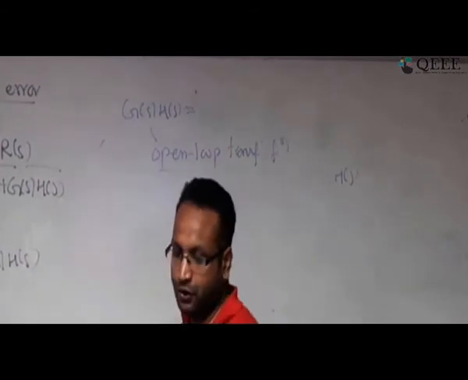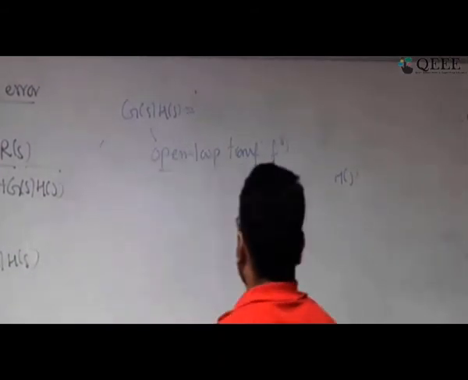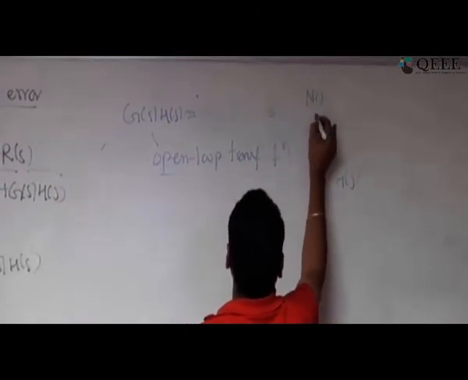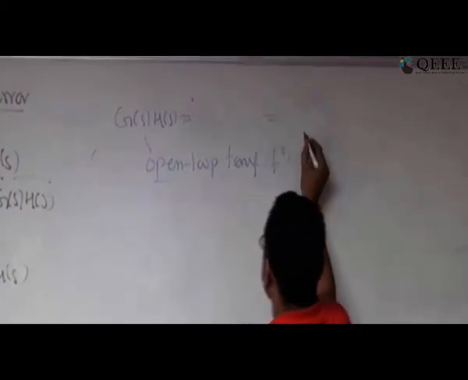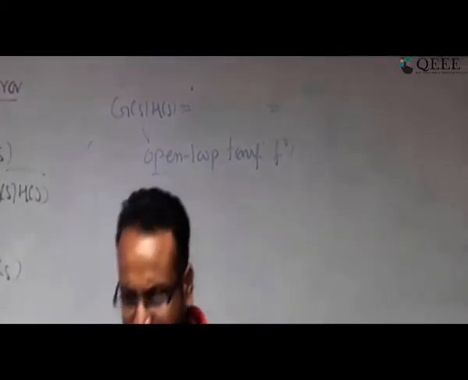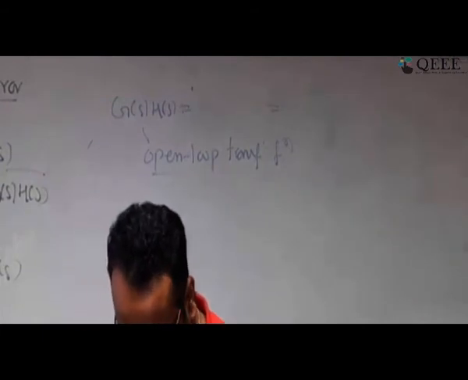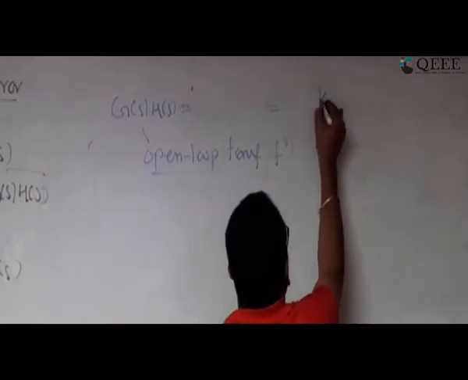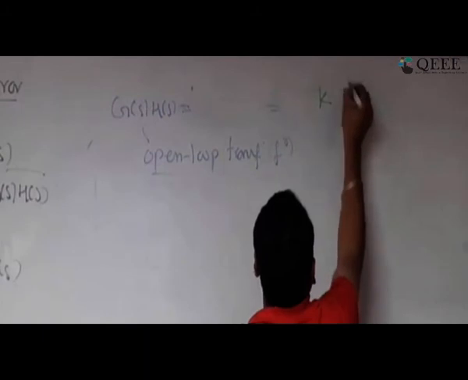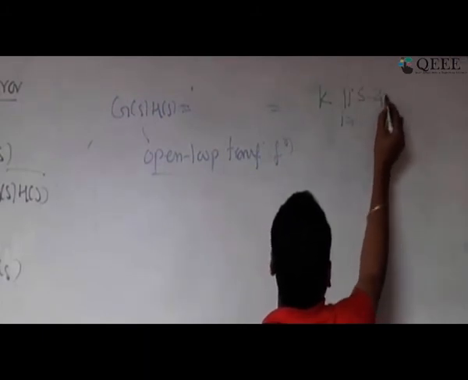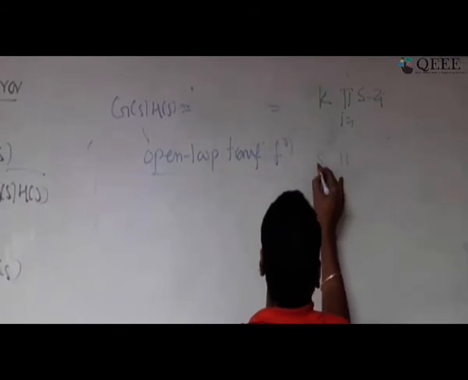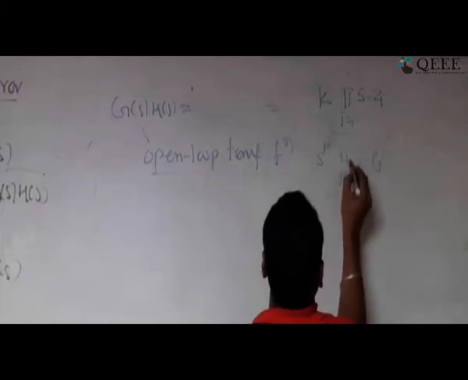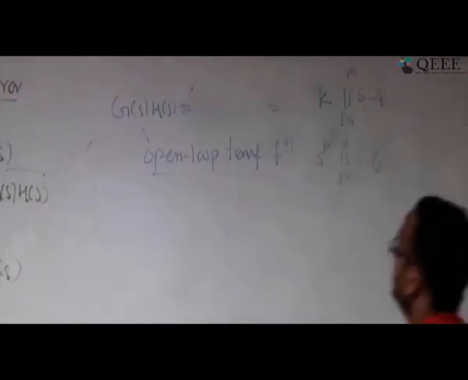This I can write as a numerator polynomial divided by a denominator polynomial: K times the product of (s minus zi), divided by s to the power of p times the product of (s minus pj), with j varying from 1 to n. This I can write.